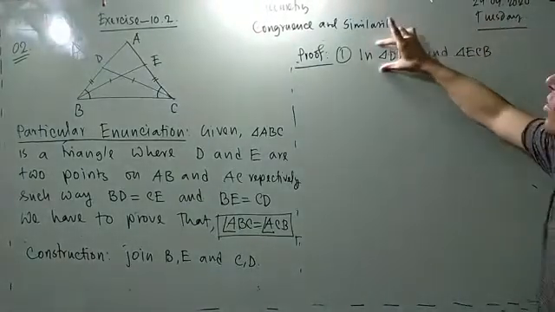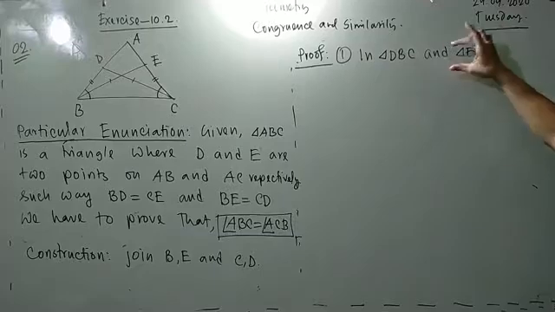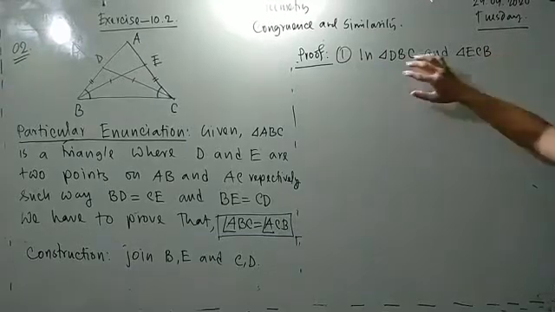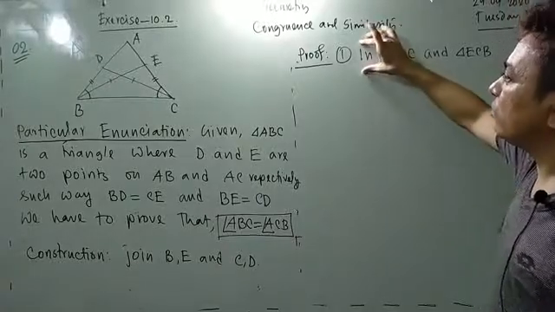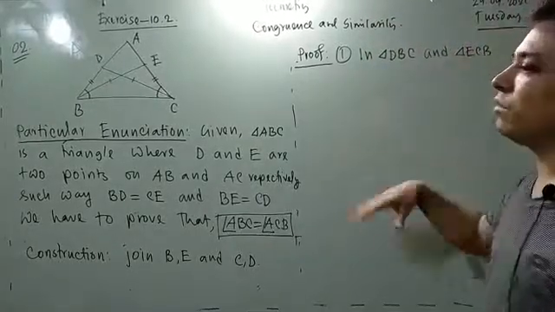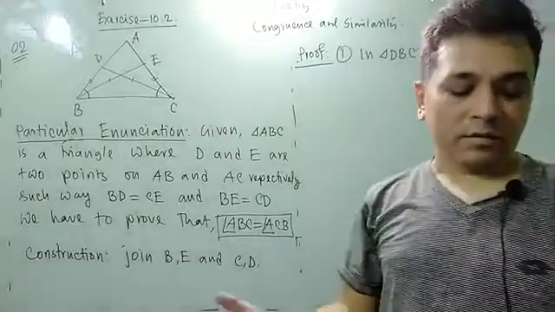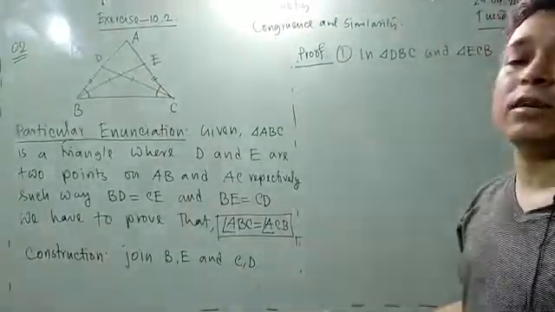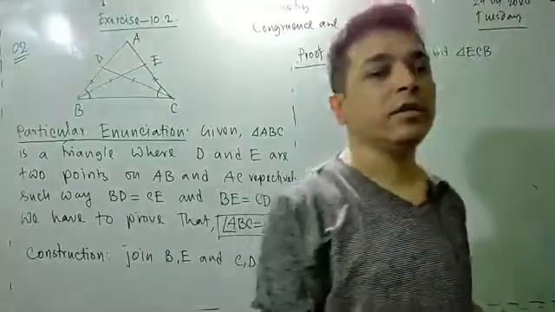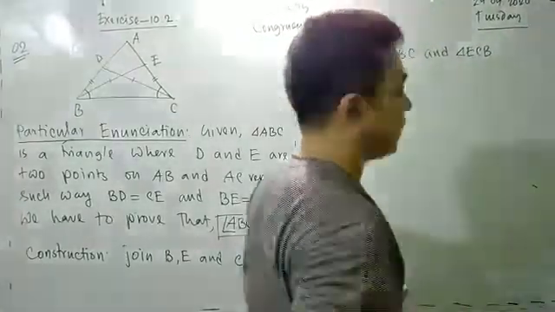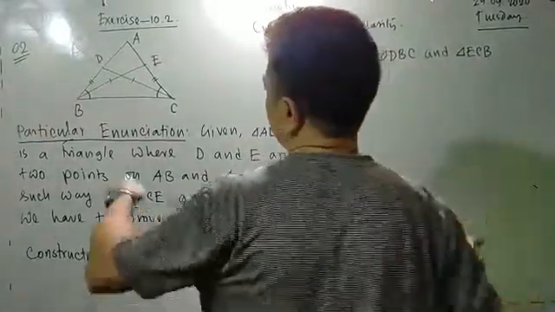This is your working place: I am working in DBC and ECB. These are the two triangles I am working on right now. If you don't write the first line or headline saying where you are working, it is very difficult to find out what he or she wants to prove. So look at that here, triangles DBC and ECB.